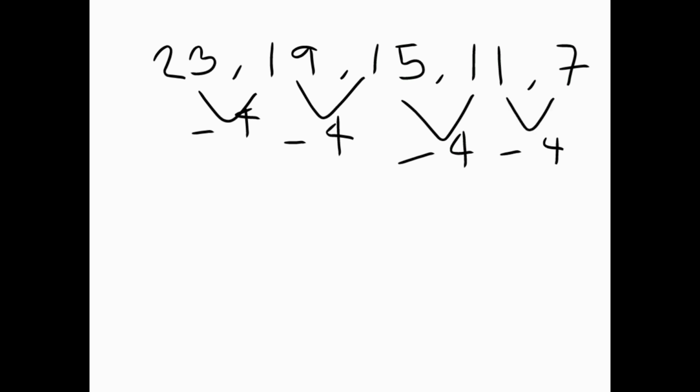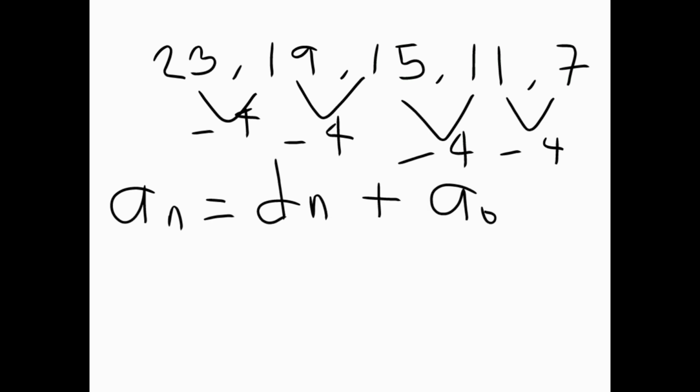Okay, so since our sequence is decreasing, we have to understand that our common difference here should be a negative number. So the formula is a sub n is equal to the common difference times n plus the zero term.